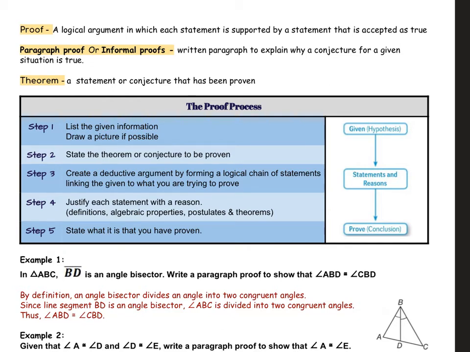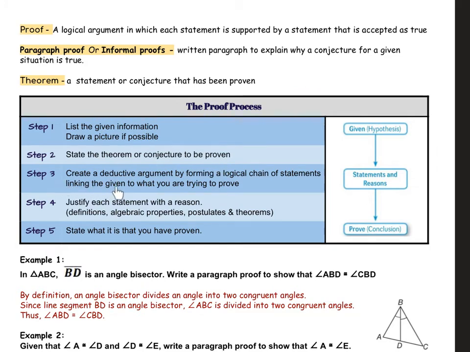Now we do have the process of proving. And so the proof process consists of, first, you give the hypothesis, then you have statements and reasons, and then you prove it with your conclusion that is drawn. And so step 1 is list the given information, draw a picture if possible. Step 2 is state the theorem or conjecture to be proven.